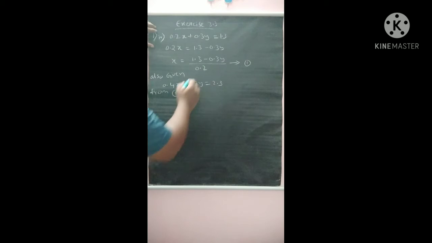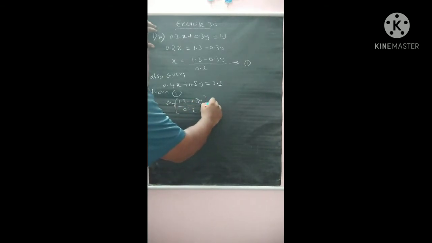By replacement, 0.4 into (1.3 minus 0.3y) by 0.2, plus 0.5y equals 2.3. So this is 1, and this is 2 times.